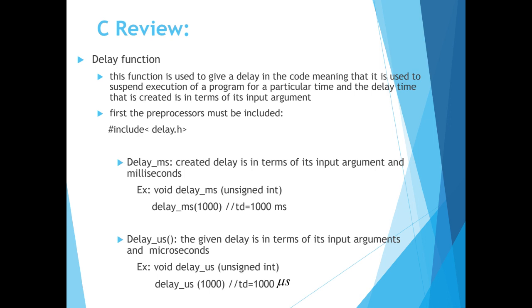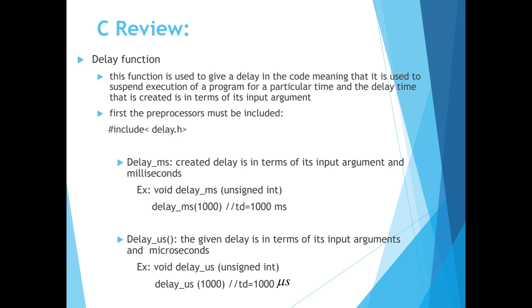For example, about printf, we said that the preprocessor which includes the header file related to printf is stdio.h. And about sqrt, which is the radical sign in our coding, we use the math.h header file in our preprocessor.